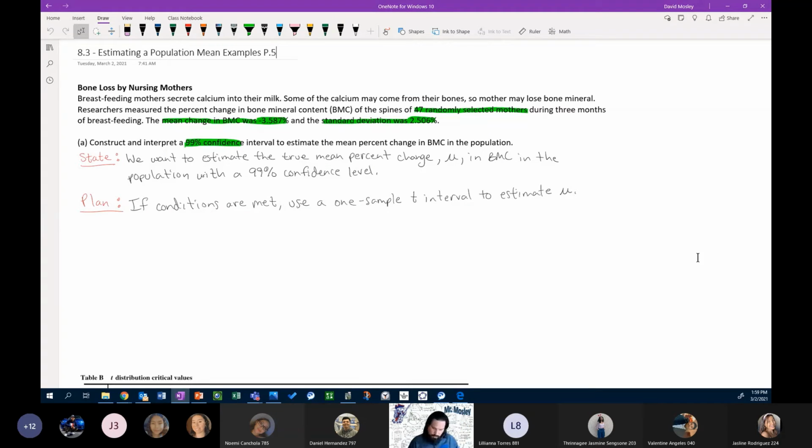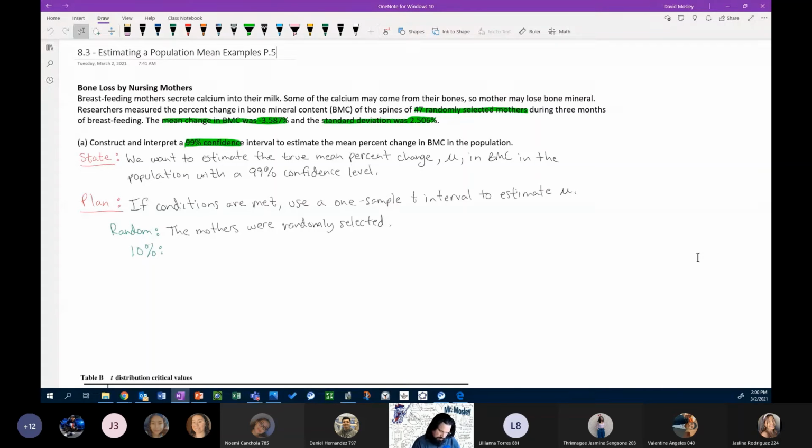All right. And we can't move on until we check our conditions. We got random. Well, the mothers were randomly selected. Cool. Random is taken care of.